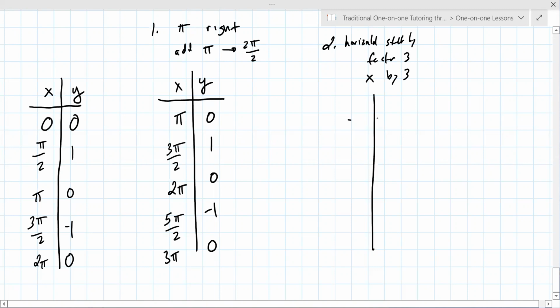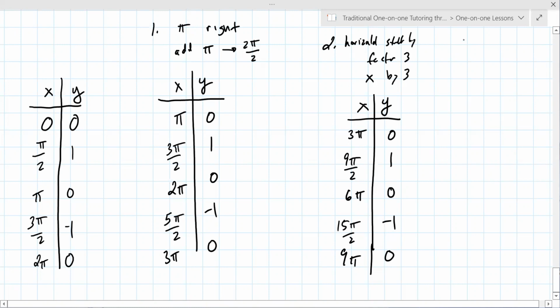It's 3 pi, 6 pi, 9 pi. And for the ones in the middle, you can figure out the midpoint between them. It's 4.5 pi or 9 pi over 2, 7.5 pi or 15 pi over 2. And then you get these numbers.